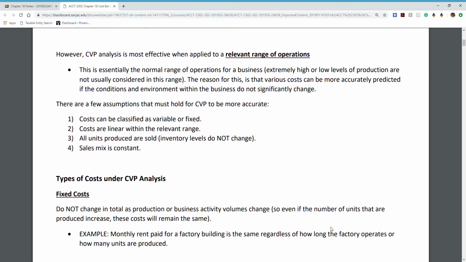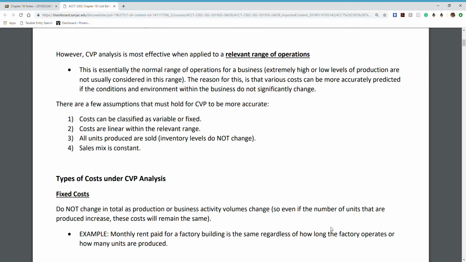However, since we use this for break even, it is best and most effective within a relevant range of operations. This essentially means the normal range of operations for a business; extremely high or low levels of production are not usually considered in this range.